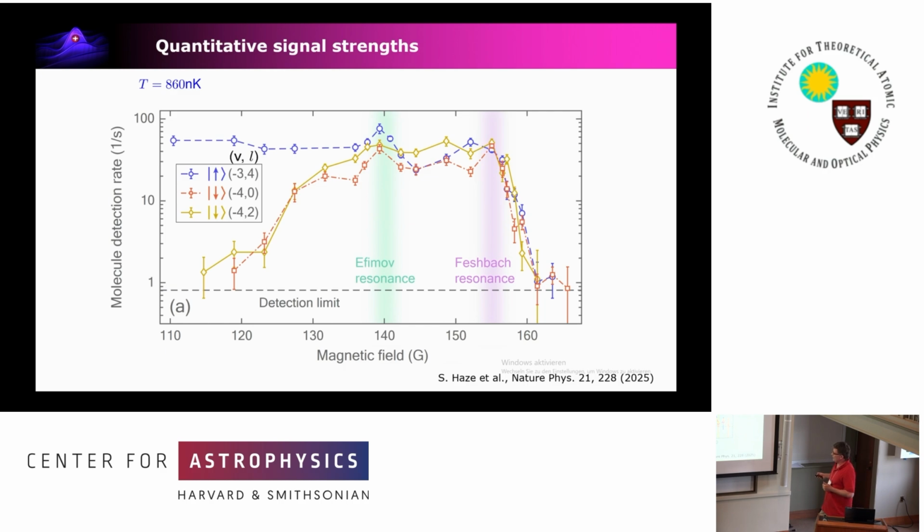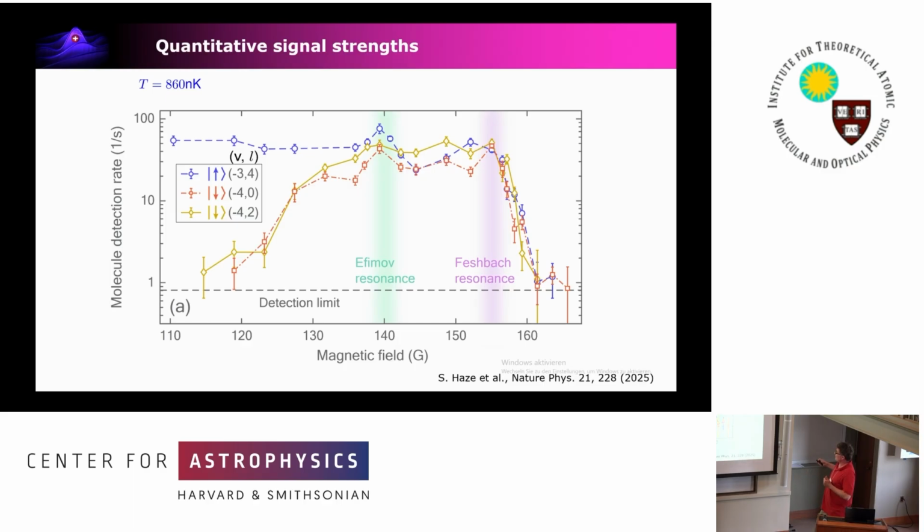Here you have, again, the magnetic field, and here the signal strength in blue for our spin-up state. Even at low magnetic fields it's very strong and it stays strong. But the spin-down ones were first below the detection limit, and then they grow over essentially two orders of magnitude until they have the same signal strength as our spin-up state.